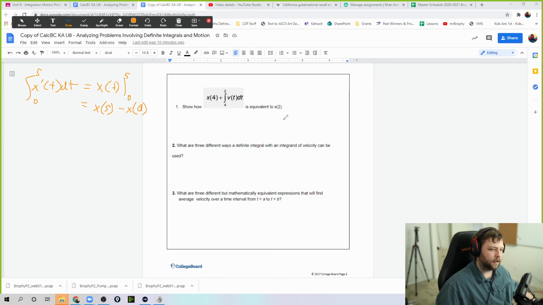Or definite integration. This is how it works. What if I look at this as definite integration to prove that this is equal to x of 2? Well, I can rewrite this equation right here as the integral from 4 to 2 of x prime of t dt.